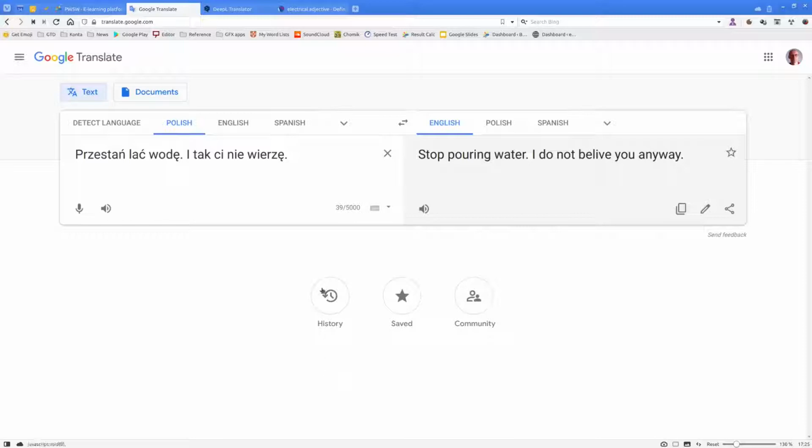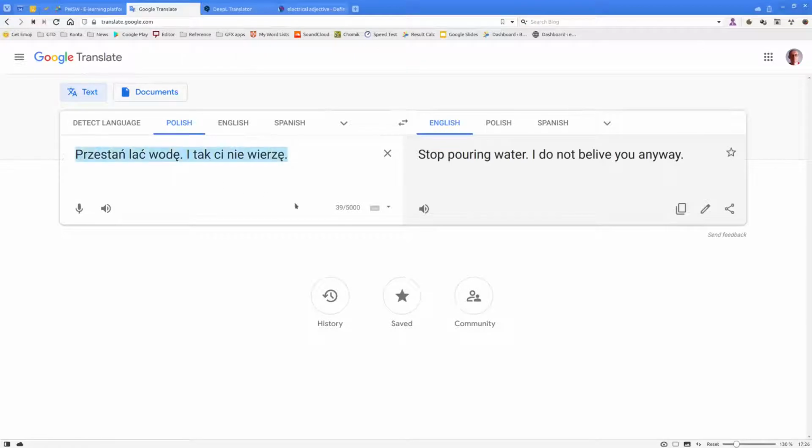But as far as I can see, it doesn't necessarily work across sentences. So adding another sentence doesn't seem to change the translation. So it doesn't take that context into account. So probably it doesn't go beyond the sentence level. That's what I want to say. But that's theoretical. Let's see.